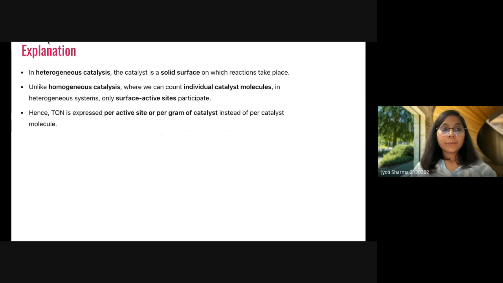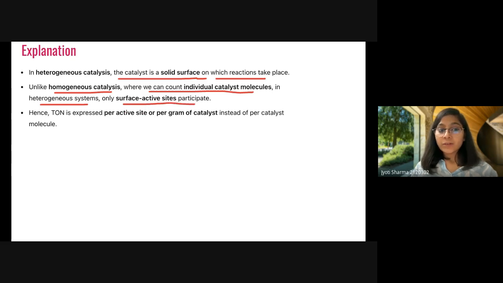So, in heterogeneous catalysis, the catalyst is a solid surface on which the reaction takes place. Unlike the homogeneous catalyst, as I told you, where the phase will be same and we can count individual catalyst molecules, in a heterogeneous system only surface active sites participate.